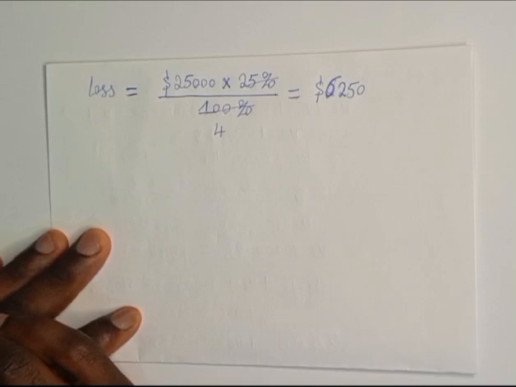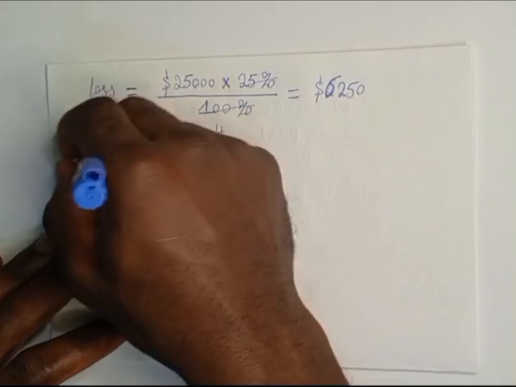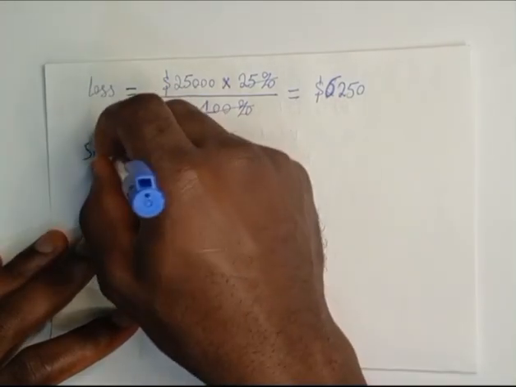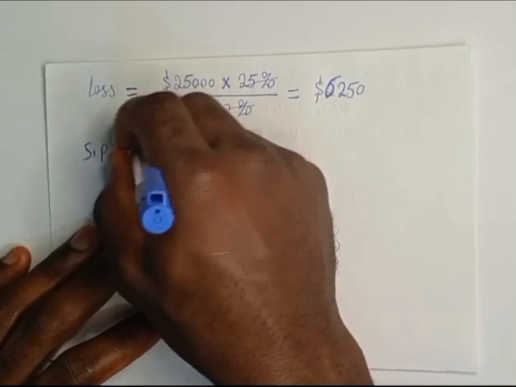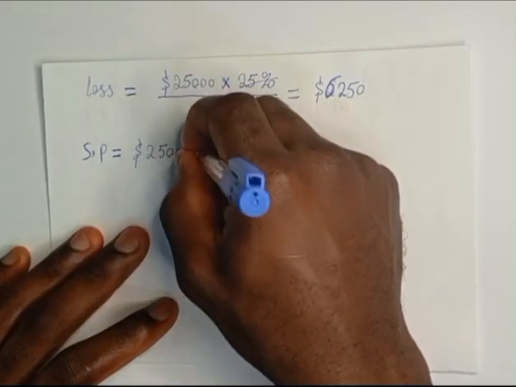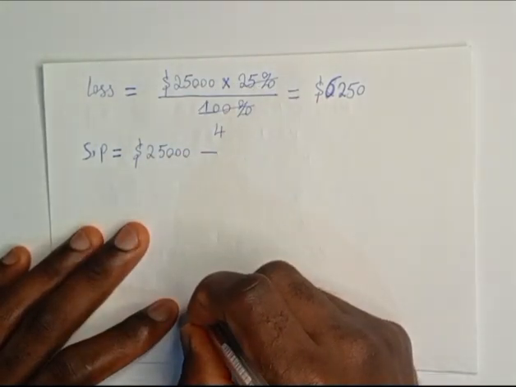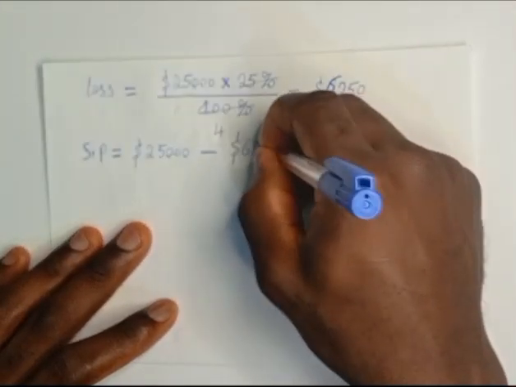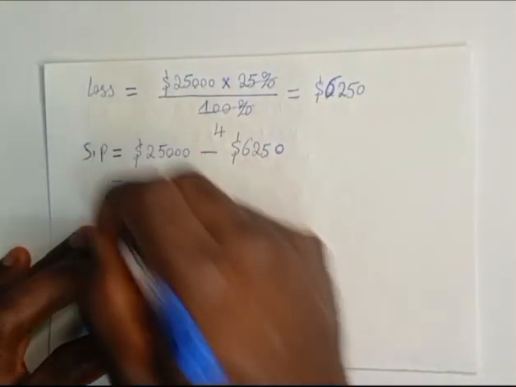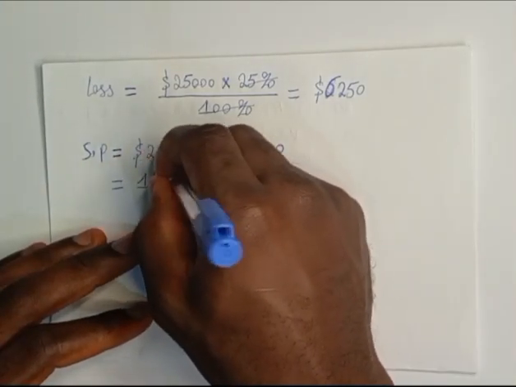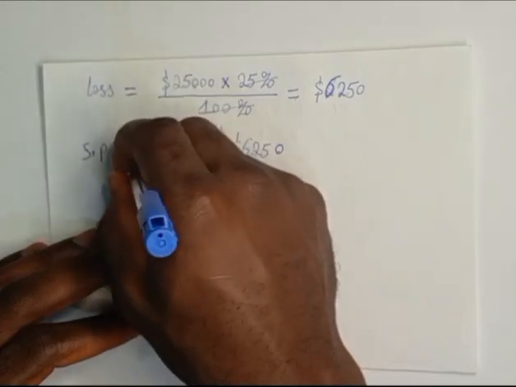Next, knowing the loss, we can find the selling price. Selling price of the item is simply equal to the cost price of the item, which is $25,000, minus the loss made, which is $6,250, and this will simply be equal to $18,750.